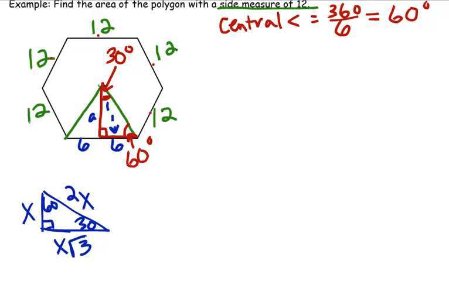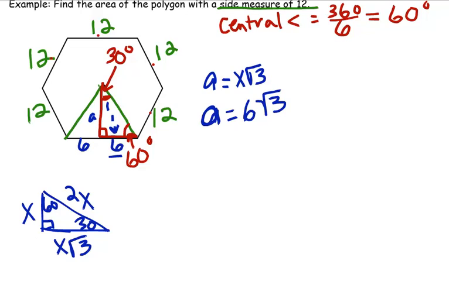And so across from the 30 is 6. And so the apothem, the A, will be across from 60, which is the x square root of 3 for this particular problem. Since x is 6, my apothem is 6 square roots of 3.